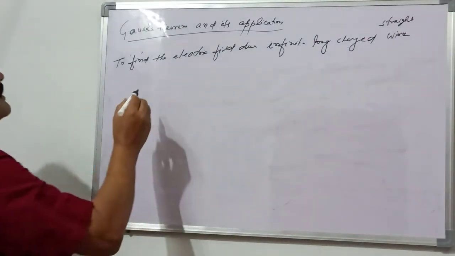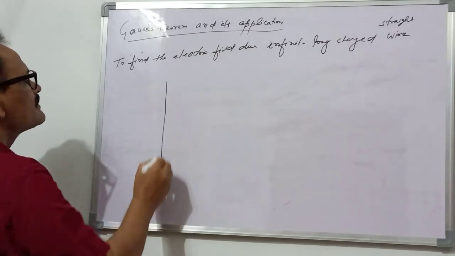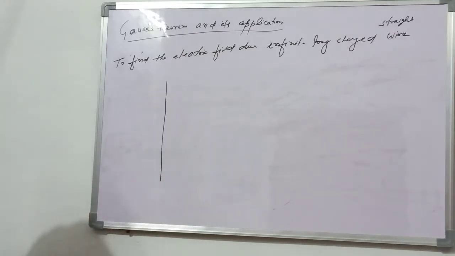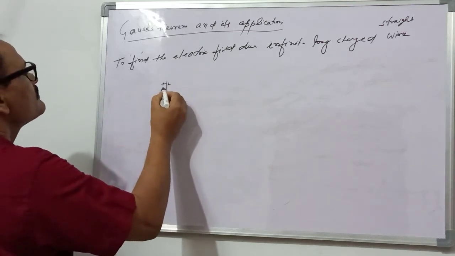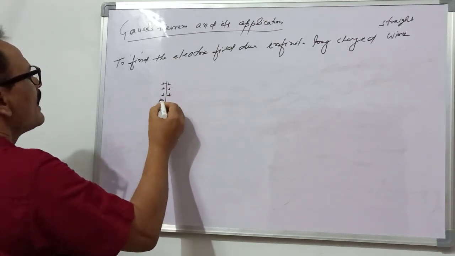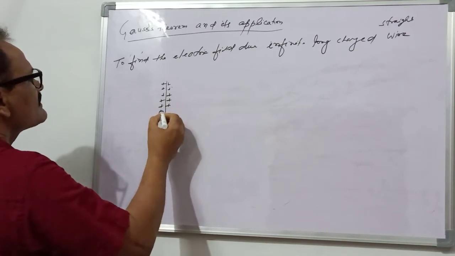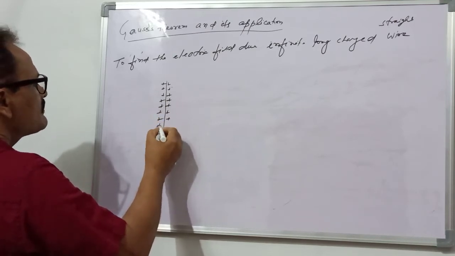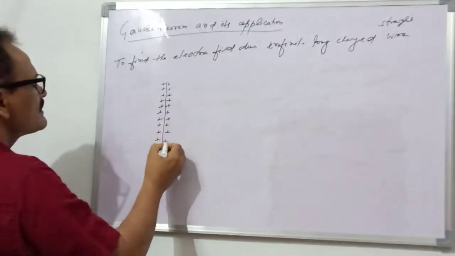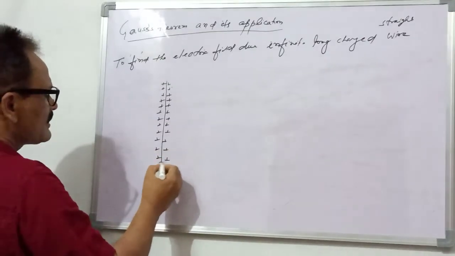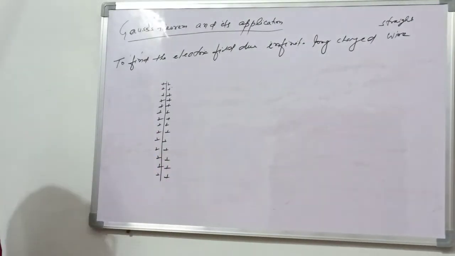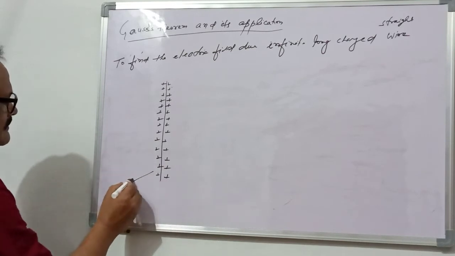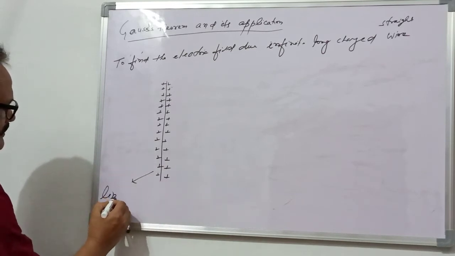Suppose this is a charged wire, the charge is positive, and its length is infinite, and you have to calculate the electric field at a particular point due to this line charge.